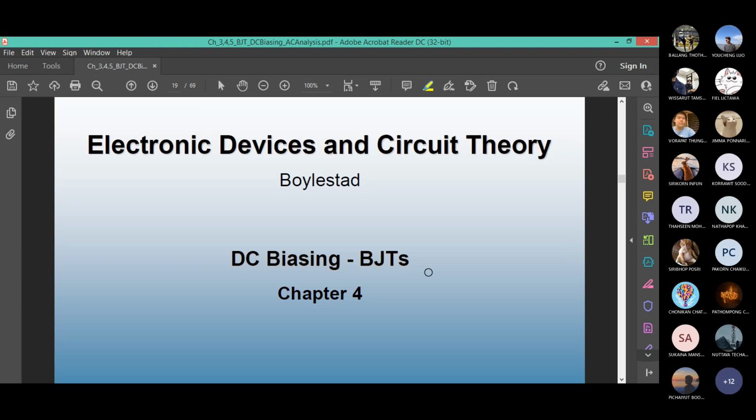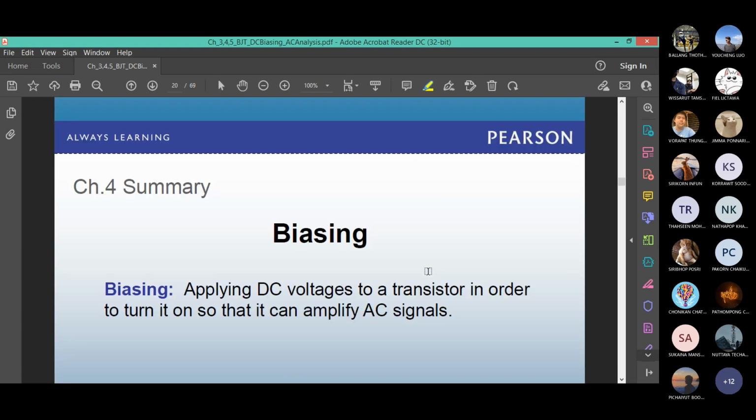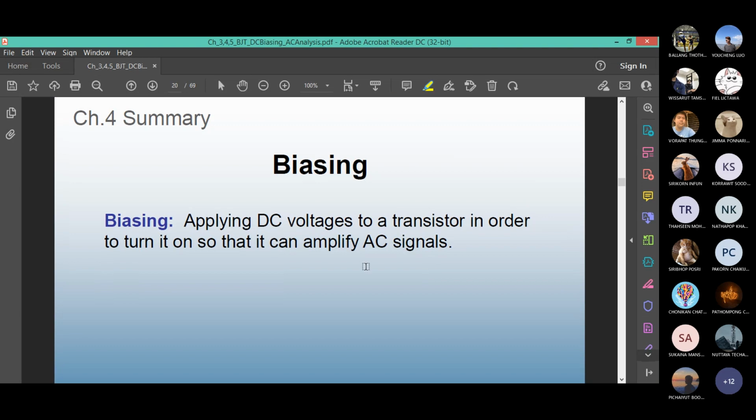What does it mean to bias? Biasing means applying DC voltage to a transistor in order to turn it on so that it can amplify an AC signal. When I say signal, the signal is a waveform, AC. The final job of a transistor is to amplify an AC signal, either increasing the voltage or current, but the BJT is not any magical device.